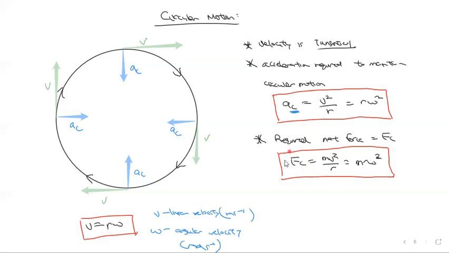Now, remember, this isn't an actual force, this is the required force. So it's not an actual force that exists in and of itself. It is not a force like gravity. It is not a force like magnetic force. It's not a force like normal or tension, but it is the force that is required. It's like a cost. So this is the cost of undergoing circular motion.